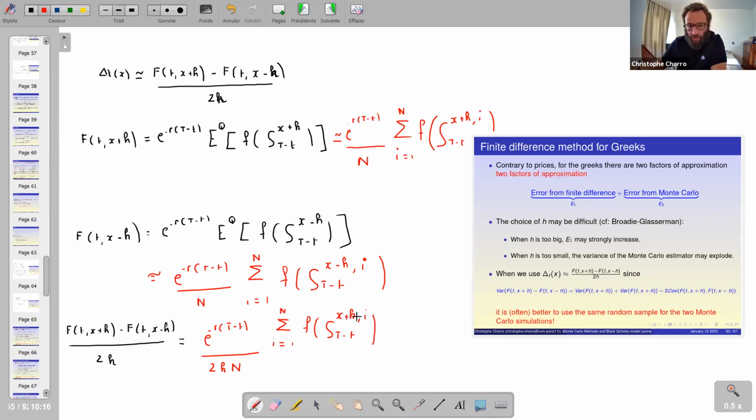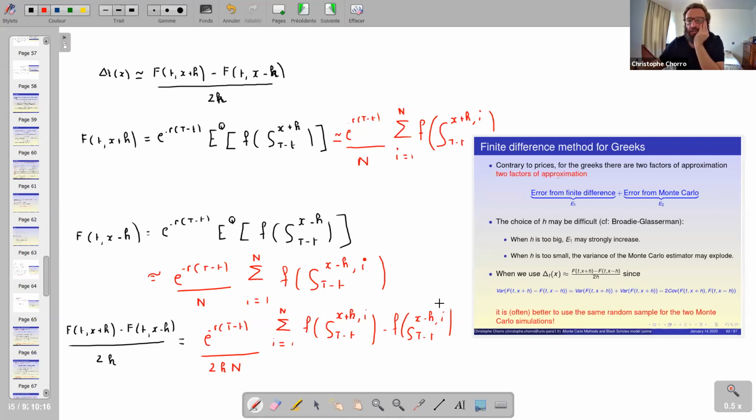So I have a Monte Carlo sum to compute, which is the difference of these two.